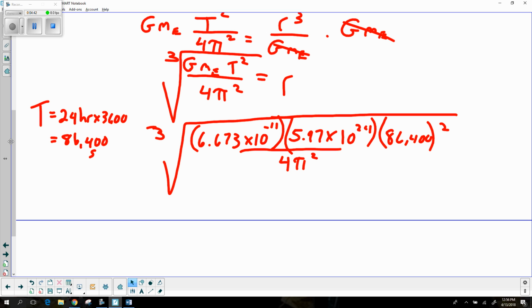Oh my goodness sakes. I am having calculator issues right now. Divided by 4 pi squared.